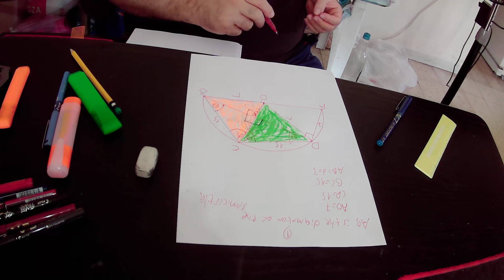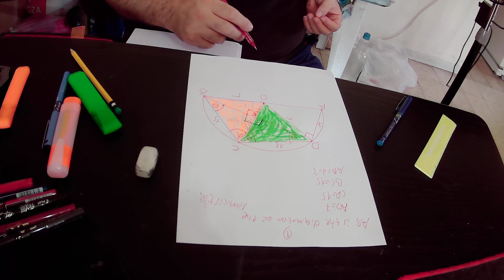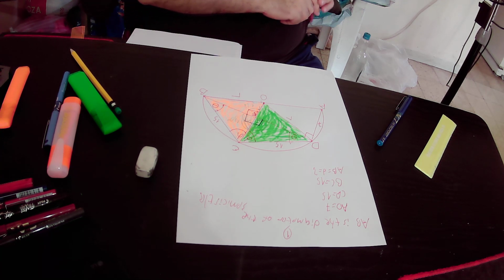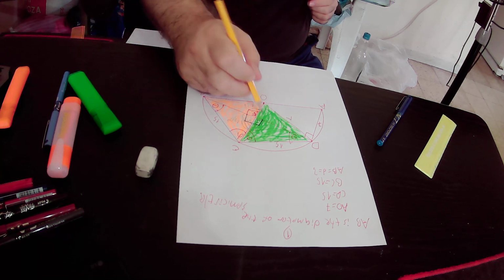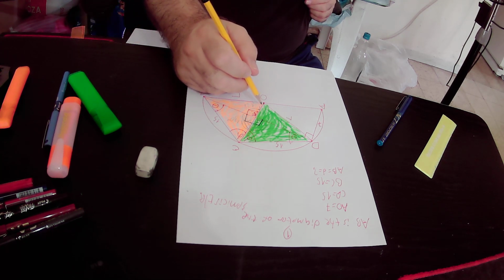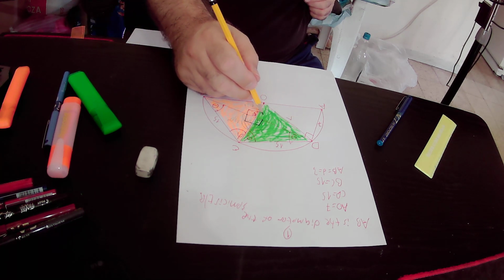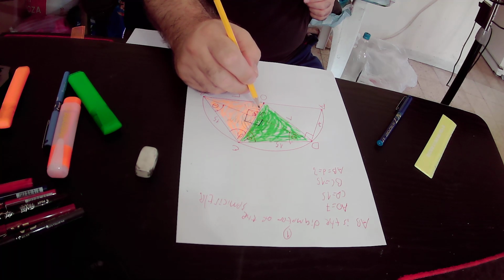We will define the fourth angle, this angle, angle OED, the missing angle, as Y.